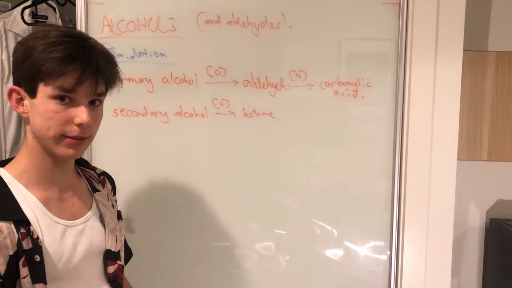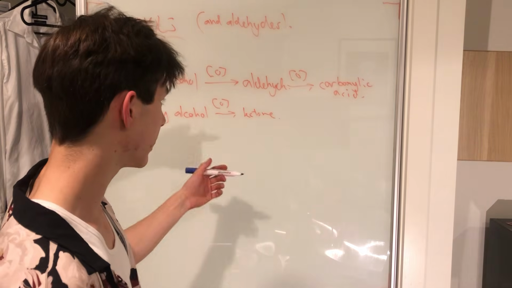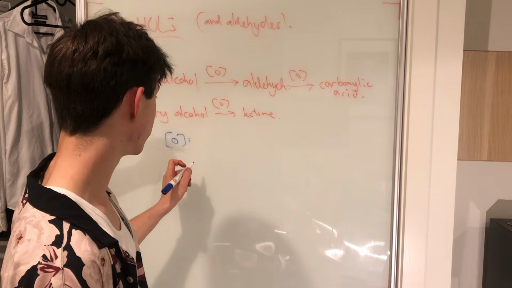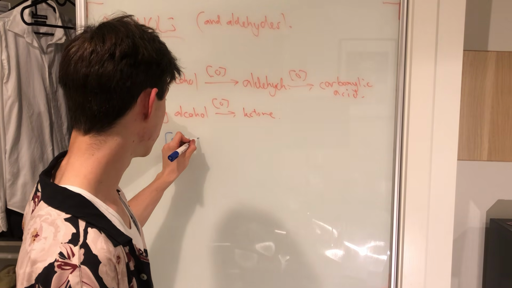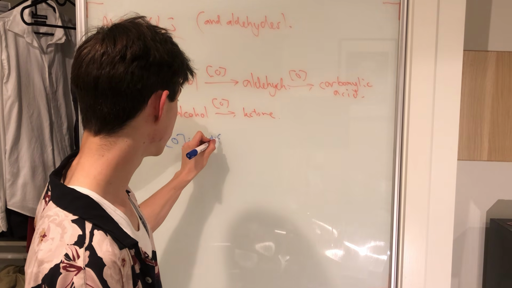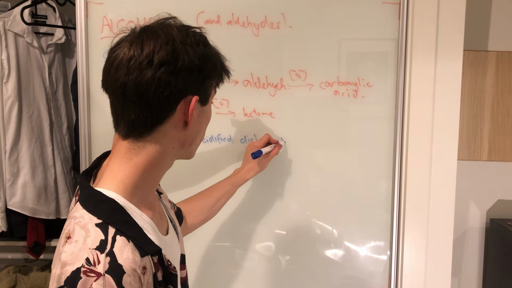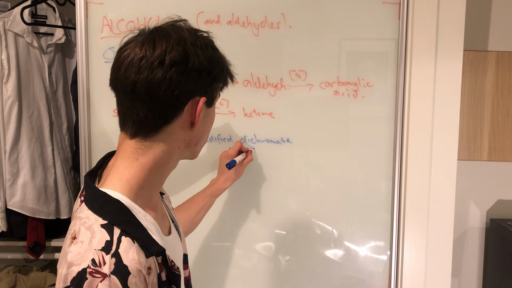And the important condition here, really the only condition, they are readily oxidized, but you need an oxidizing agent. So the condition for all of these is that the oxidizing agent is acidified dichromate or permanganate, acidified permanganate.